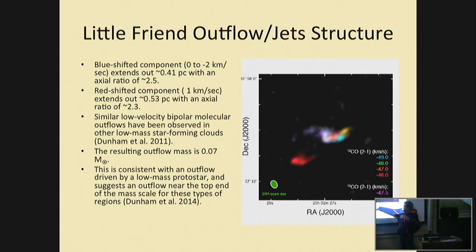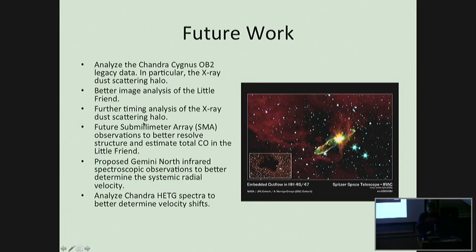This puts the outflow as not unusual. It sits at the top end of what you expect for mass flows out of these types of systems, but it's all consistent with that. These are the results that just came out this last Thursday in an ApJ Letter.